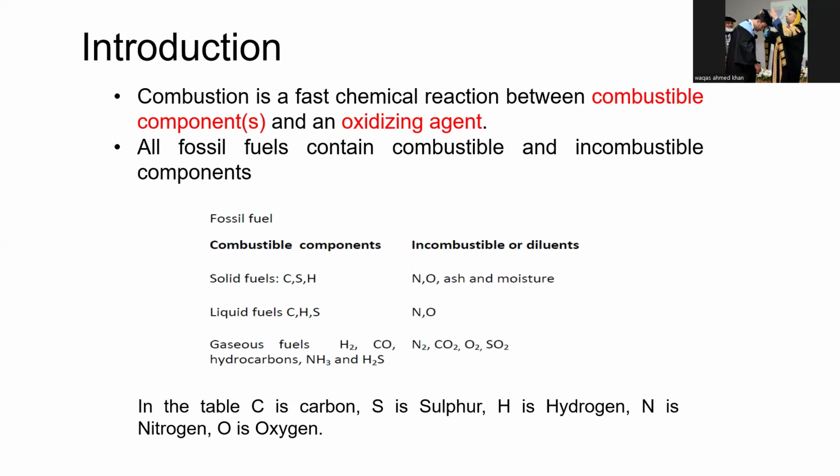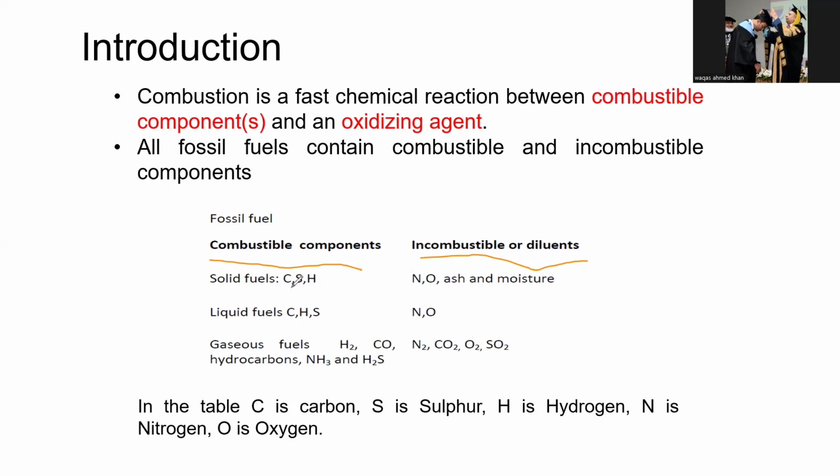So most of the fossil fuels consist of combustible components and non-combustible components. So we have two types of components in all the fuels. One is known as combustible components, and the other one is known as incombustible components. The combustible components are readily in the form of solid fuels, liquid fuels, or gaseous fuel.